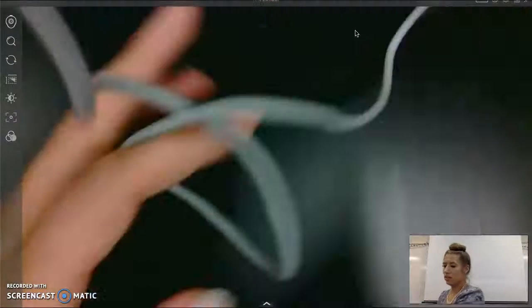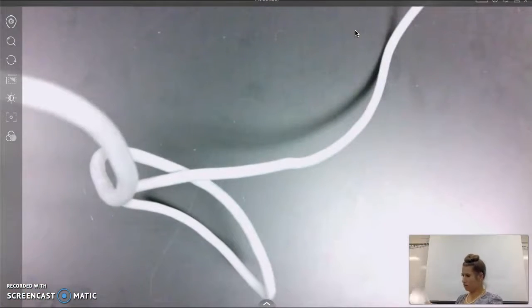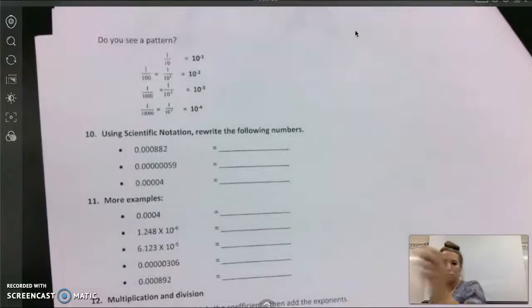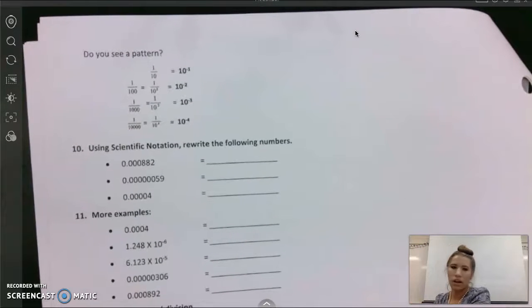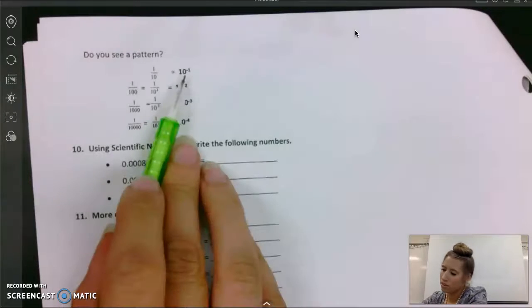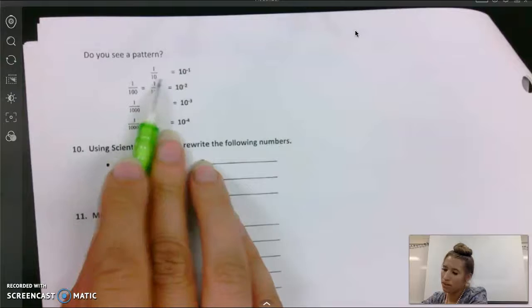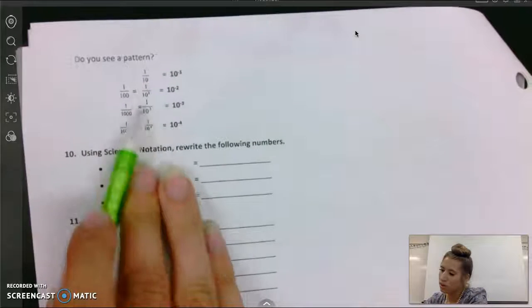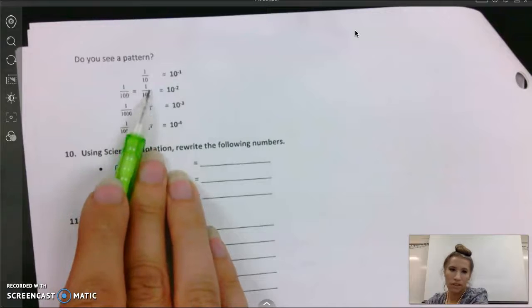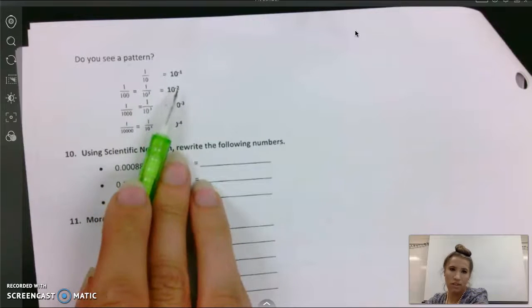Okay, let's look at page 4. Now, we have a similar pattern with our negative exponents. And so, instead of a multiplication, it's a division. Okay, and so we have 1 over 10 is the same as times 10 to the negative 1, or 1 over 10 to the second, the same as 10 to the negative second.